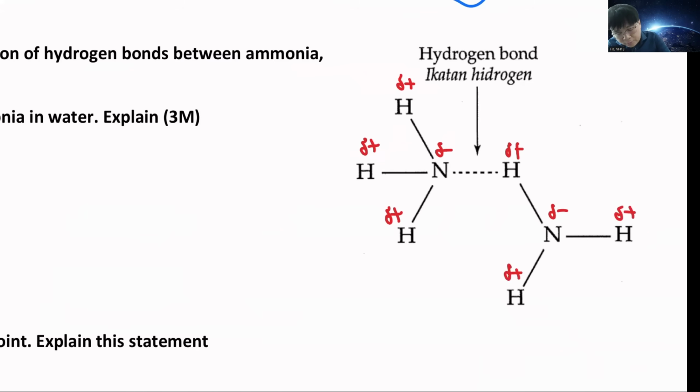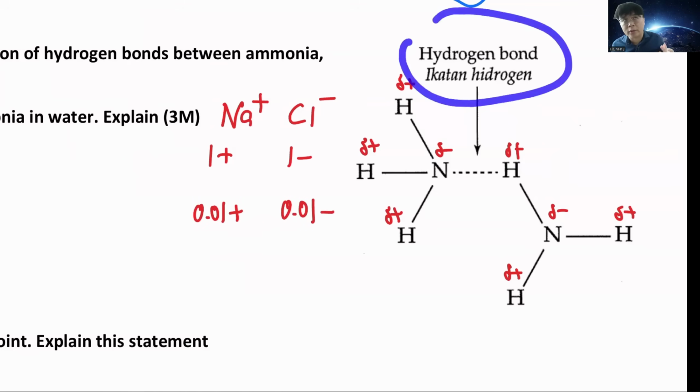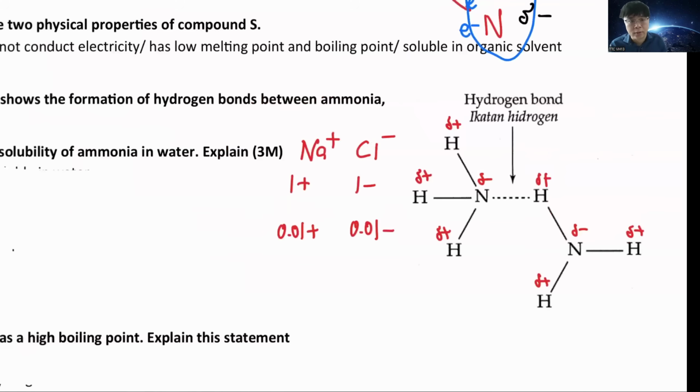So what is the difference? For example, for ionic, like Na+ and Cl-, it is 1 plus and 1 minus. Very strong. Partial positive means like 0.01 plus, 0.01 minus. It's very small, but there is still attraction. That's why we call this attraction hydrogen bond. Okay, so you need to roughly know this.